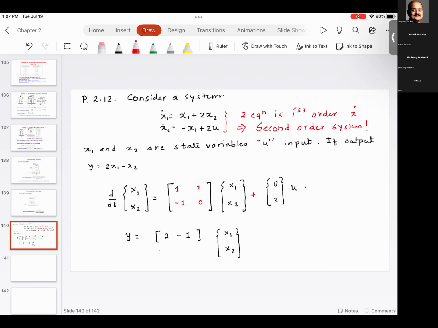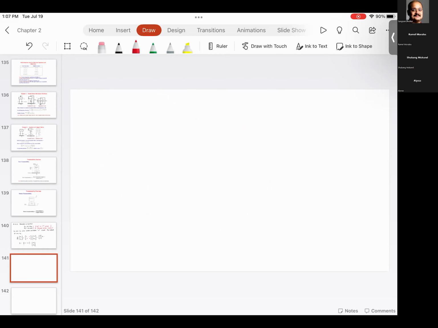Now, the next problem which I want to talk about is the linearization and Taylor series approximation. So I want to talk about the next problem, which is 2.16.